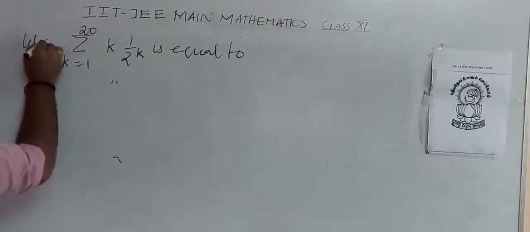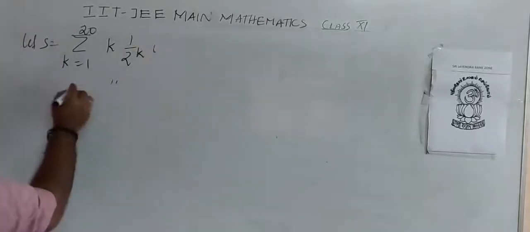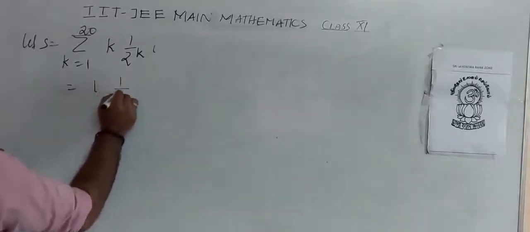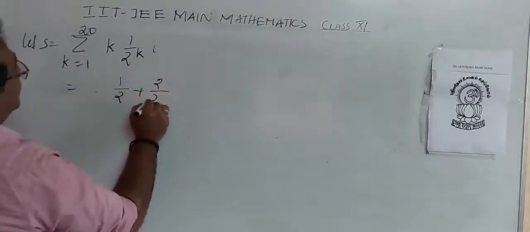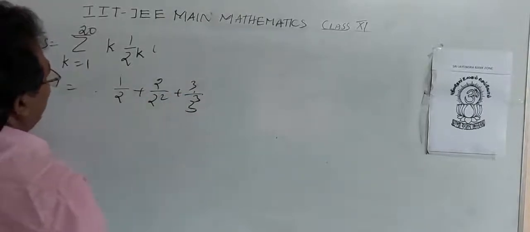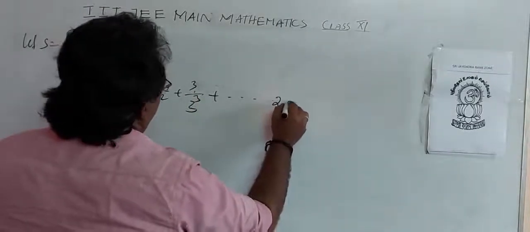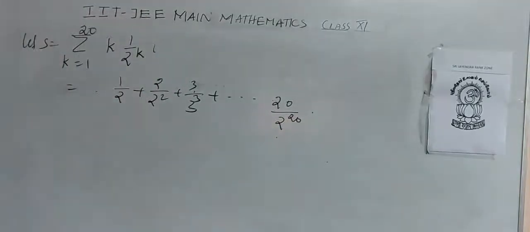Let S equal to this term, that is S equal to 1 into 1 by 2, 2 by 2 squared, 3 by 2 cubed plus etc. up to 20 by 2 power 20.